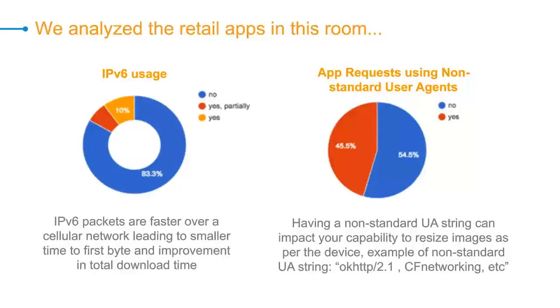The second interesting thing that we found was that 54% of the apps do not have a proper user agent string. As you can see on the slide, there's a user agent string called OKHTTP/2.1, CFNetworking. These are traditional networking libraries that app developers just download from GitHub or somewhere, and they merge it into the app in order to leverage a particular feature in that library.